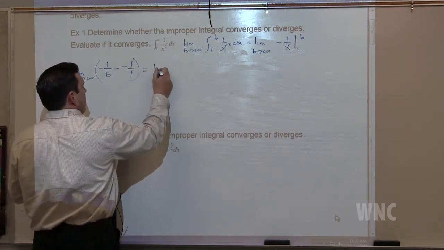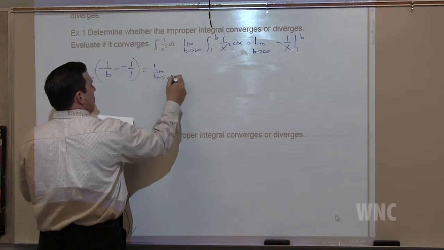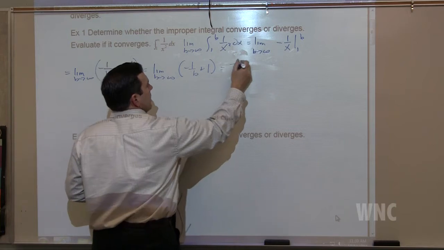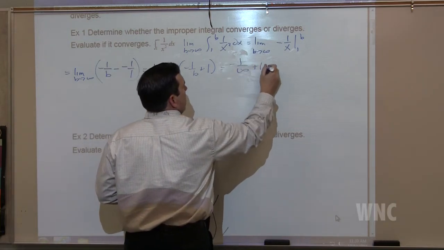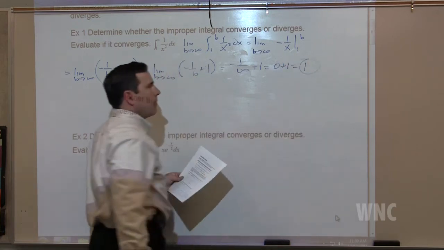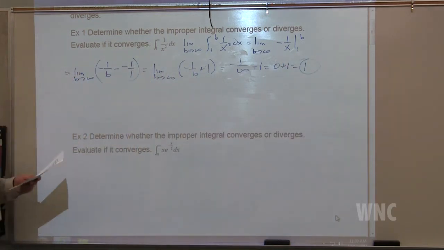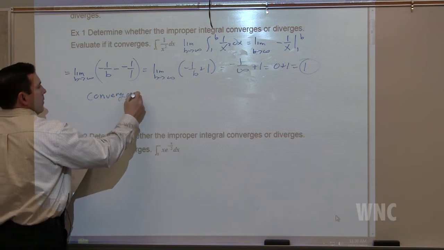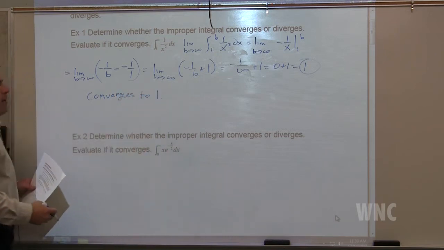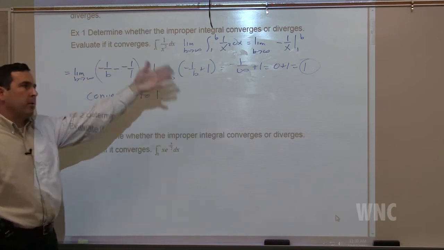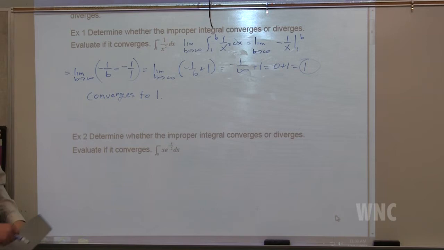That's the limit of negative 1 over b plus 1, which is negative 1 over infinity plus 1. That's 0 plus 1, which is 1. So this converges to 1. Just because we have an infinite limit of integration does not mean that the result is going to be infinite.